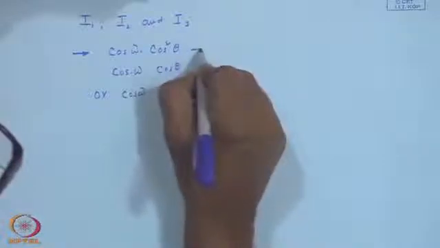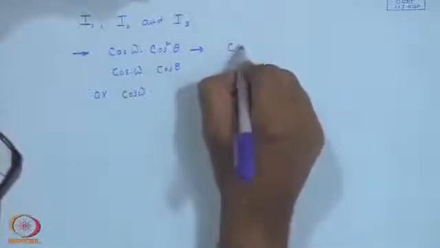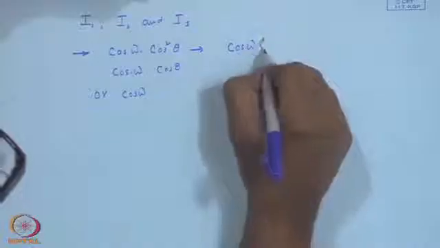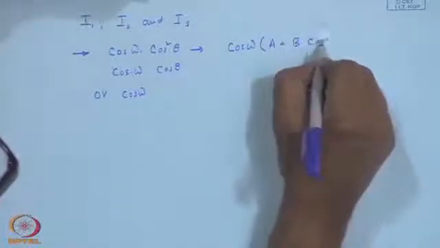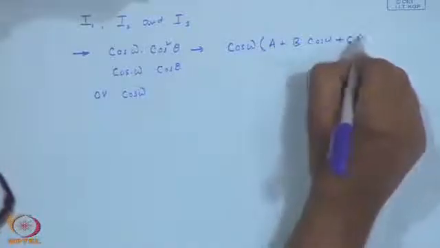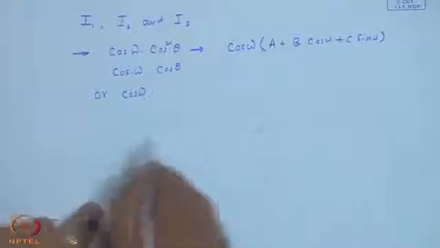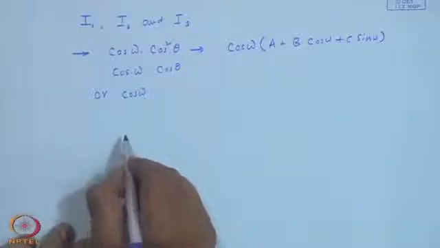So, this will lead to cos omega times a plus b cos omega plus c sin omega. I am taking the toughest one, which is cos omega into cos squared theta.